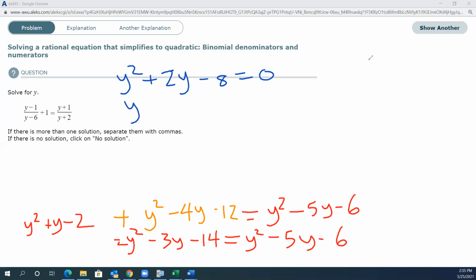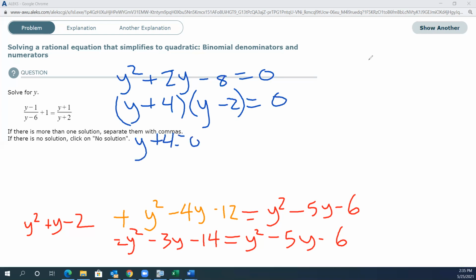I'm just going to factor it because this one factors nicely. So we'll get (y plus 4)(y minus 2). Set each factor equal to 0, and we get 2 and negative 4 for our answers.